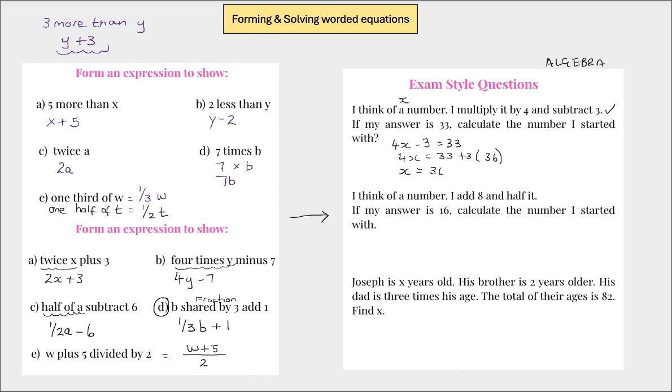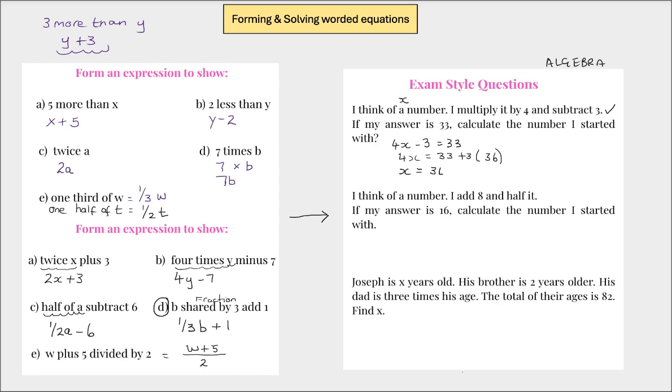So it's going to be whatever Joseph is, plus 2. His dad is 3 times his age. So his dad is 3 times Joseph's age. So we'll put D for dad equals 3x, because we know that in algebra, when we multiply, it sticks to that letter.